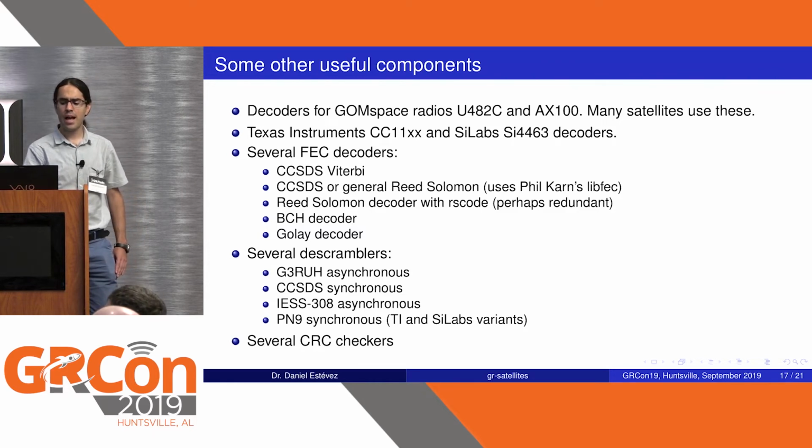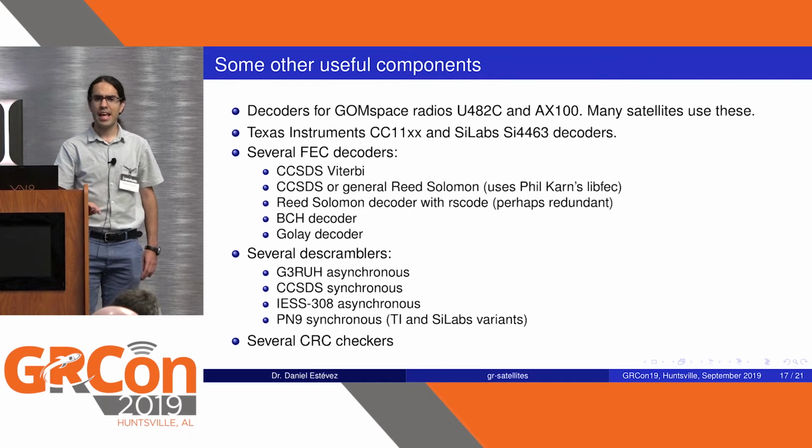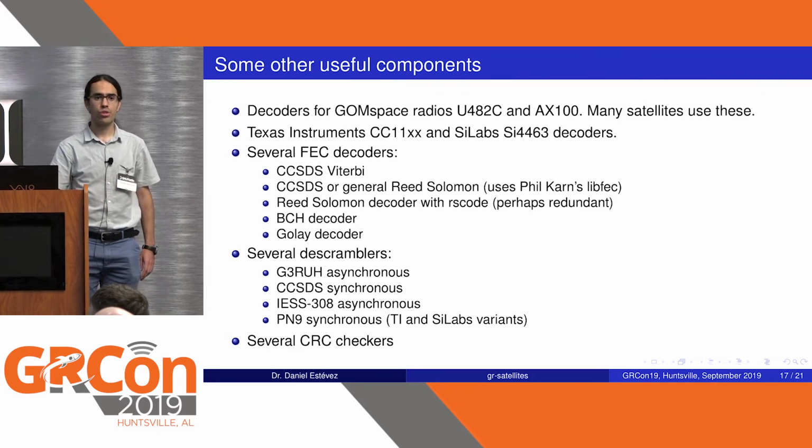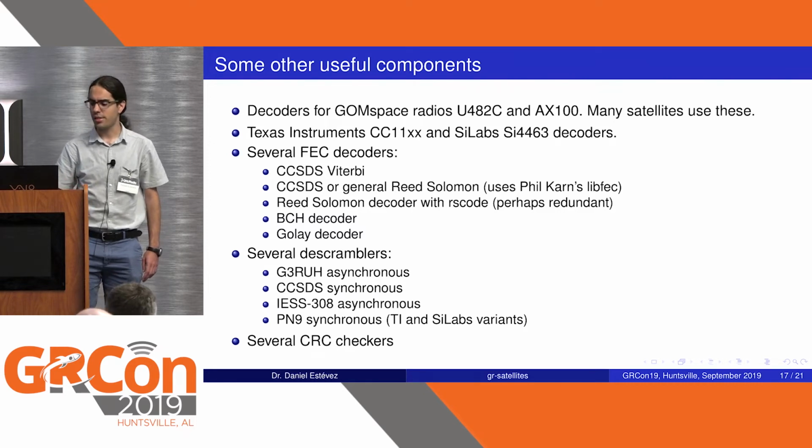I also have decoders for the Texas Instruments and Silicon Labs FSK chips, such as the CC11 family and this 4463 Silicon Labs decoder. These are used not only in a few small and inexpensive satellites, but also in many different short-range devices, such as garage door openers and things like that.